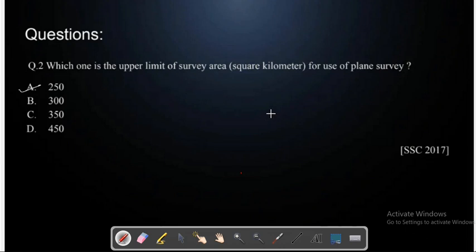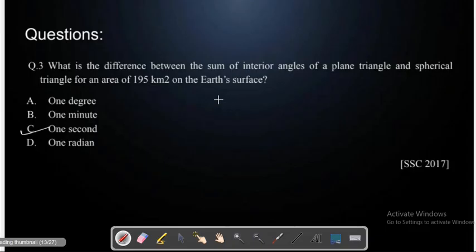Just now we have seen that the limit is 250 km square, the upper area limit for plane survey. Yes, so option A is correct. Next, what is the difference between the sum of interior angles of a plane triangle and a spherical triangle for an area of 195 km square? Just now we have seen the difference is nothing but 1 second.